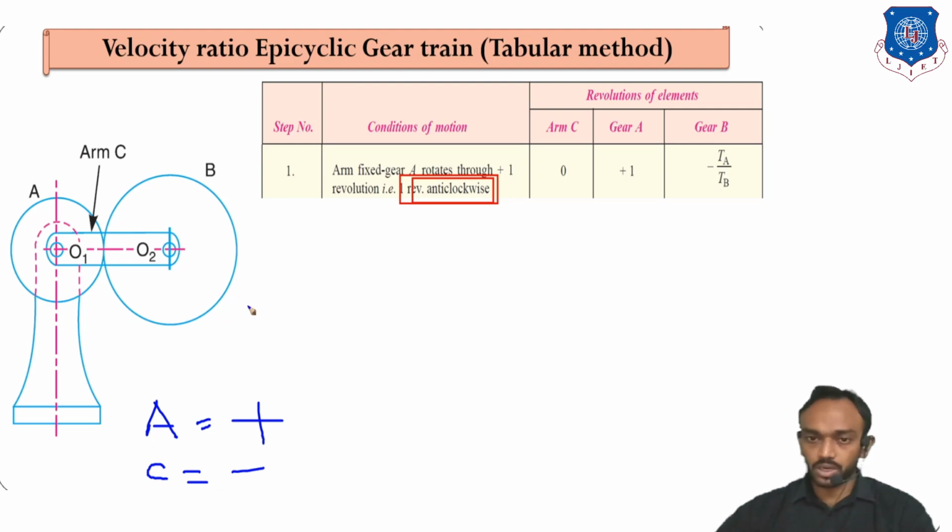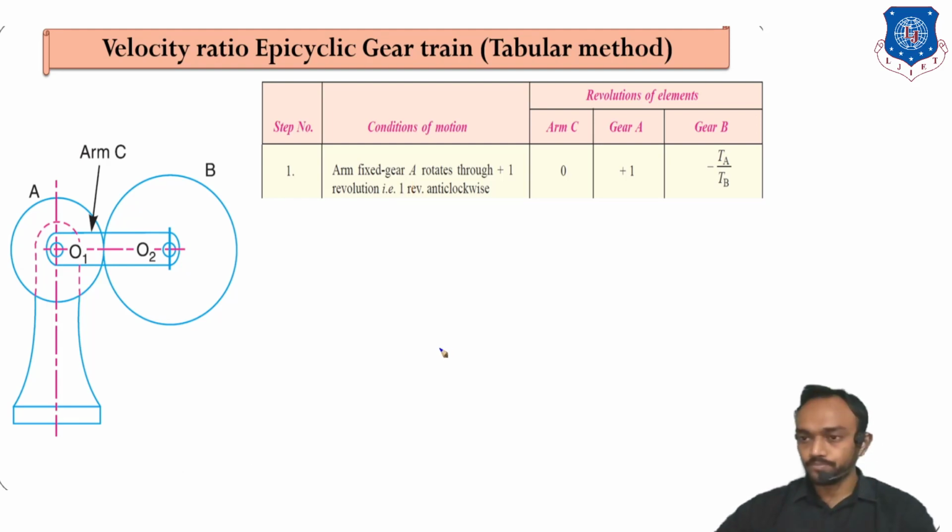It is very important, because finding the driver's RPM is not enough. If you find the RPM of A, something like 200, but you have not given the sign minus or plus, you don't know in which direction it will rotate. So remember that anti-clockwise means plus.